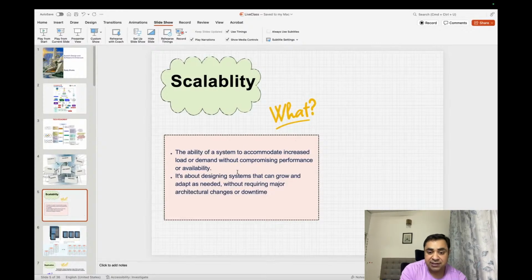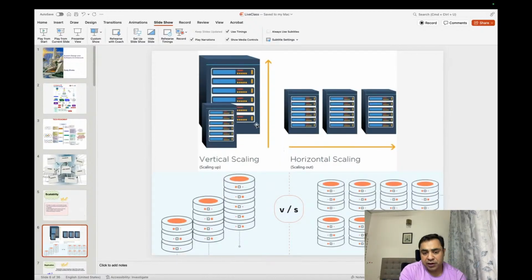It's about designing a system that can grow without major architectural changes. This could be divided into vertical scaling and horizontal scaling. We saw that vertical scaling is scaling up, and horizontal scaling is scaling out. Vertical scaling has a constraint, that beyond a point you might not be able to scale a system. Horizontal scaling doesn't have any such limit.